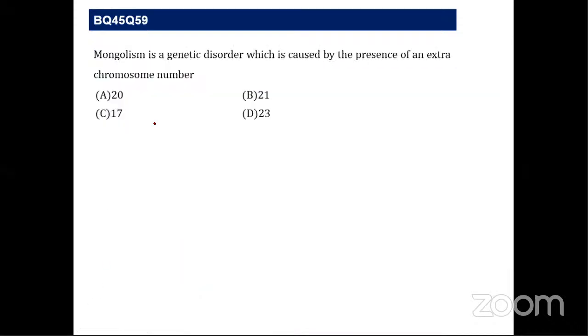Next, Mongolism is a genetic disorder which is caused by the presence of an extra chromosome number. What is Mongolism? Good, very good, Darshini. Kashish, correct answer.